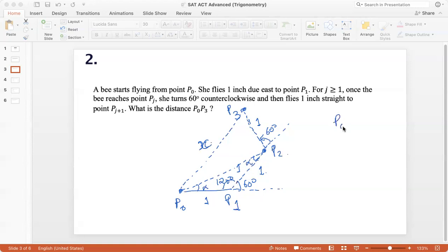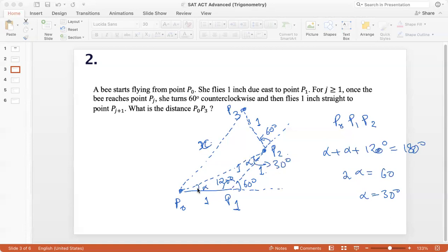So in triangle P0, P1, P2, alpha plus 120 degrees has to be 180 degrees, sum of angles. So 2 alpha is 60 degrees, so alpha is 30 degrees. So this is 30 and this is 30 also.